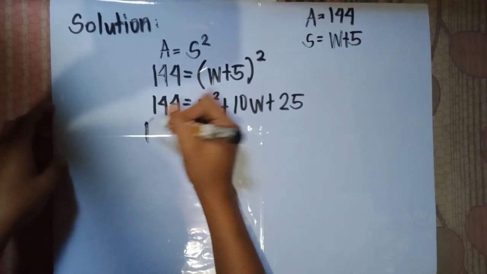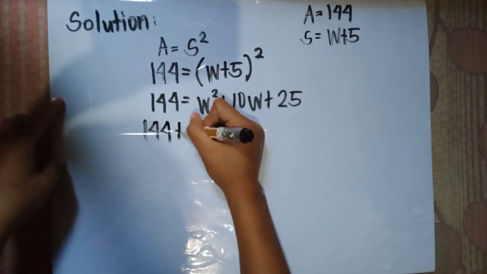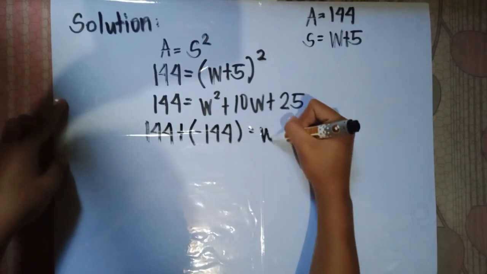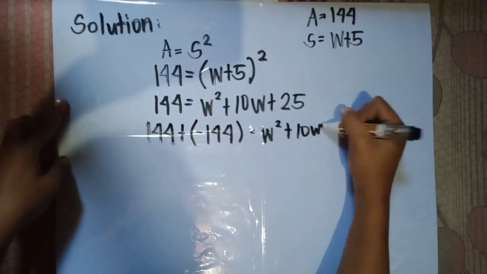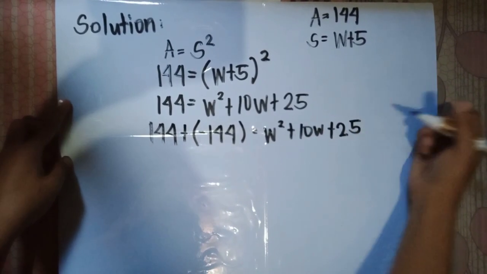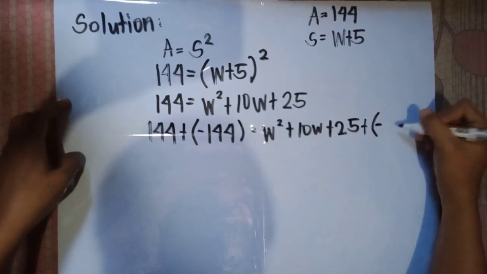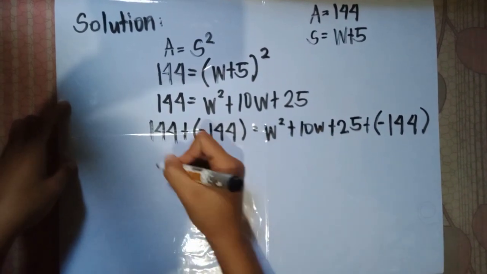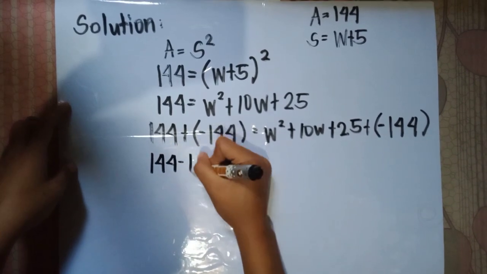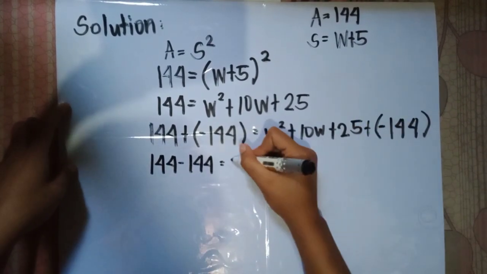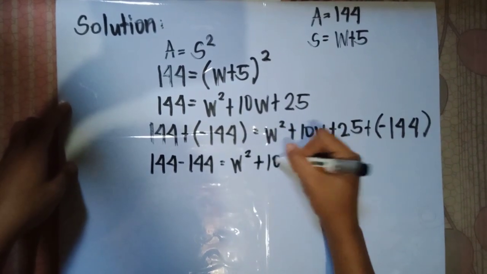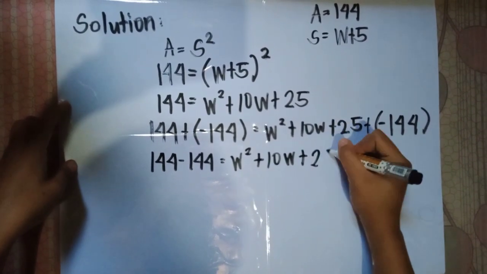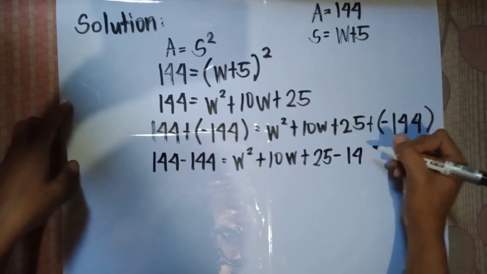144 plus negative 144 is equal to w squared plus 10w plus 25 plus negative 144. 144 minus 144 equals 0, and the right side becomes w squared plus 10w plus 25 minus 144.